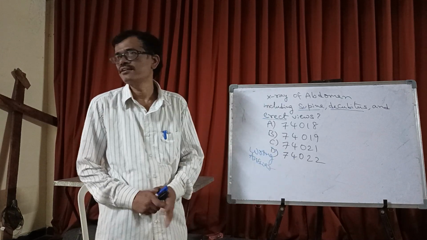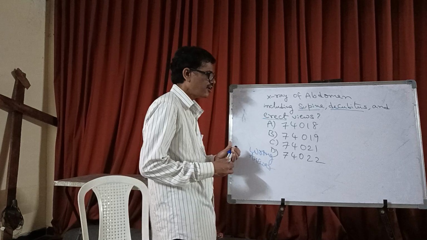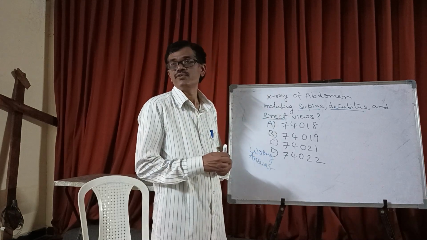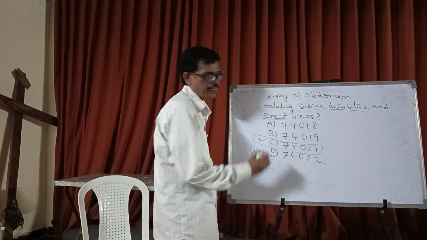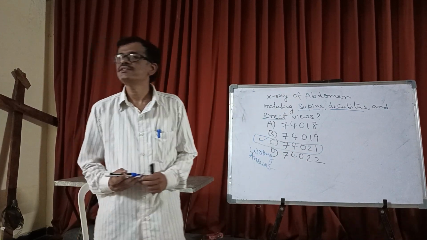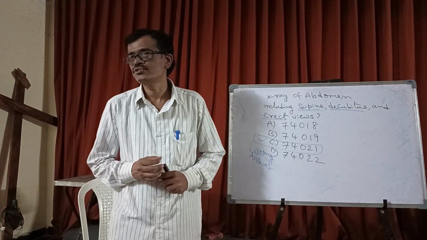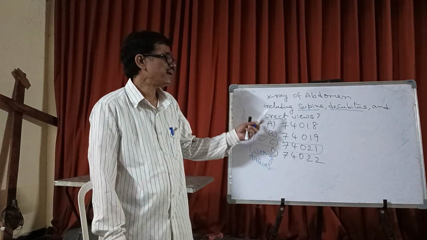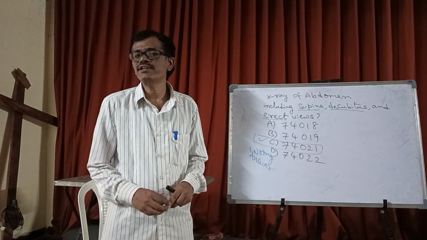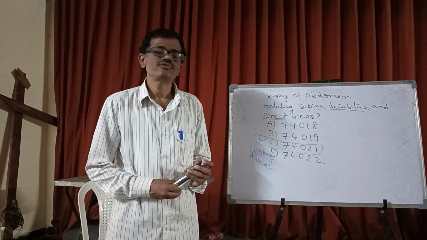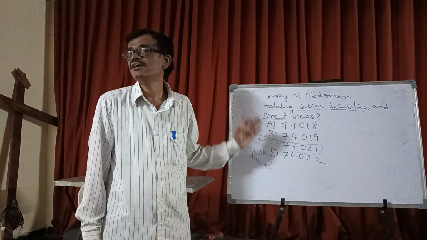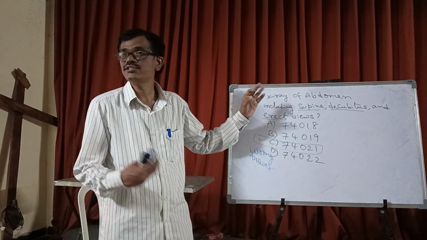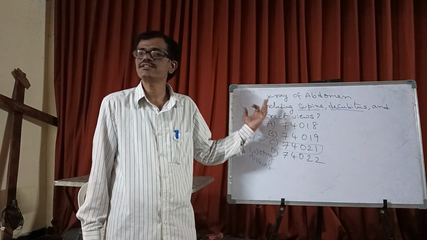What is correct? C is correct. This is the logic you have to apply for exam. Okay, so answer is C, not D. Okay, so why C is correct? Because you have done 3 views. Count them. Supine, decubitus, erect. How many views we have done is 3. So that's why answer is 74021. When your answer will be correct, if you do this 3 plus additionally what you have to do is chest X-ray single view.